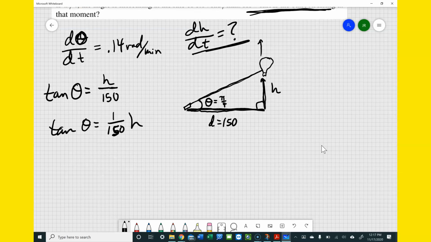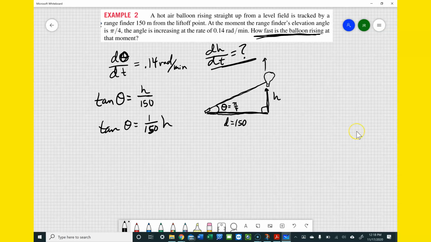All right, so the derivative of tan theta with respect to time is going to be, the derivative of tangent theta in general is secant squared theta. And then the chain rule says then take the derivative of the inner piece, which is theta itself, with respect to the variable of differentiation, which is t. So d theta dt. Secant squared theta times d theta dt.